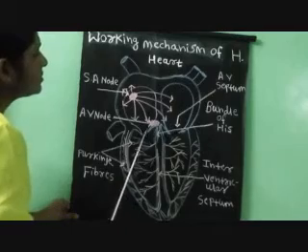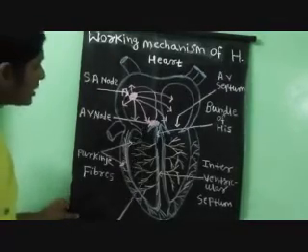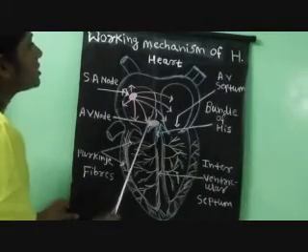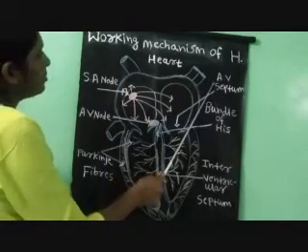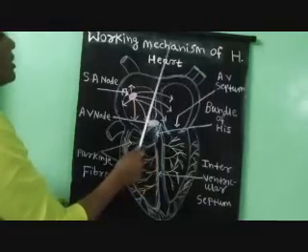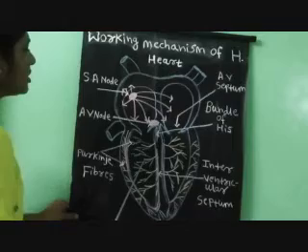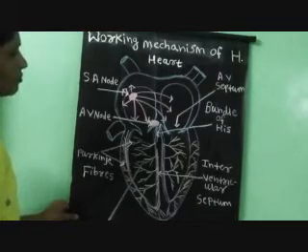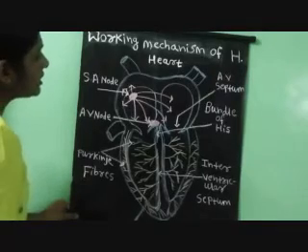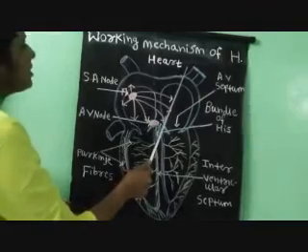Deoxygenated blood from the right ventricle travels into pulmonary aorta, and from pulmonary aorta it travels toward two branches of pulmonary aorta, that is pulmonary artery. Simultaneously at that time, oxygenated blood from left ventricle travels to systemic aorta.